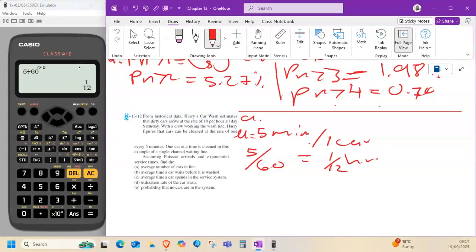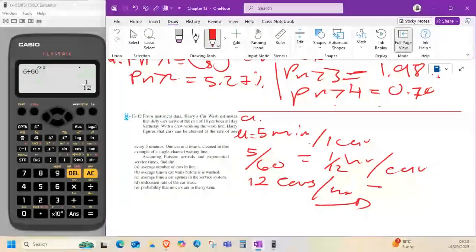That's still hours per car. Now we want cars per hour. So in an hour, we'll do the flip side, 12 cars per hour. And this becomes your service rate.